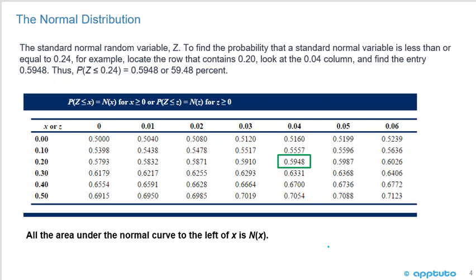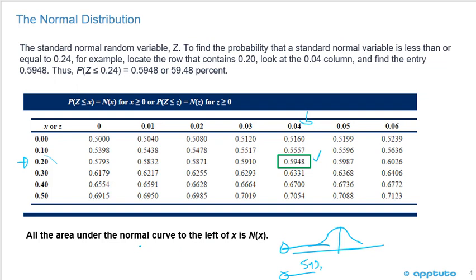To find the probability that a standard normal variable is less than or equal to 0.24, for example, we look at the z tables. We locate the row with 0.2 and then look at the 0.04 column, and we get 0.5948. So what that means is that with the standard normal distribution, 59.48% of the observations are going to lie below that, to the left.